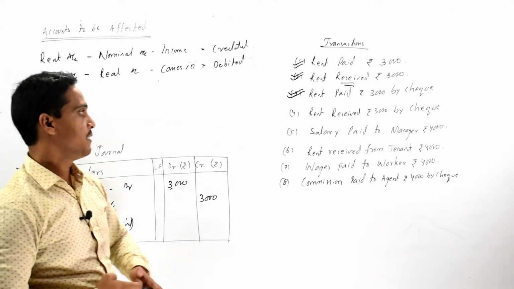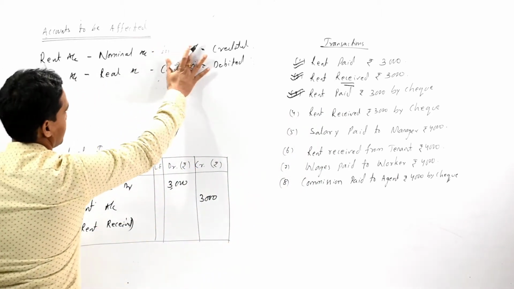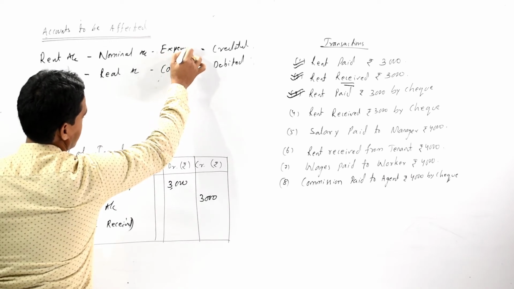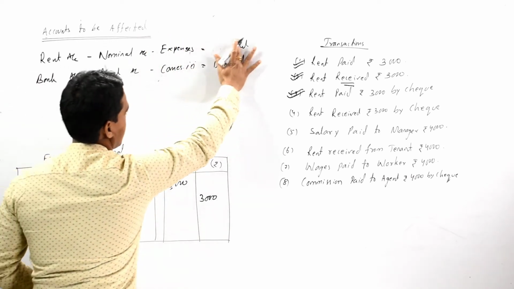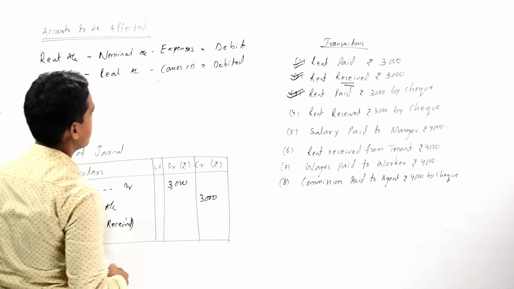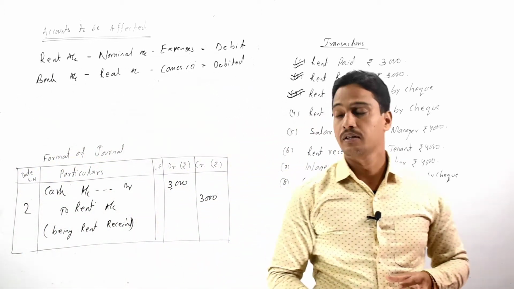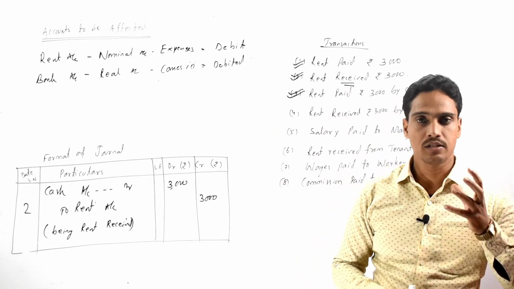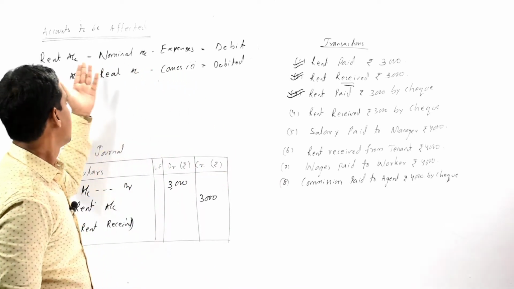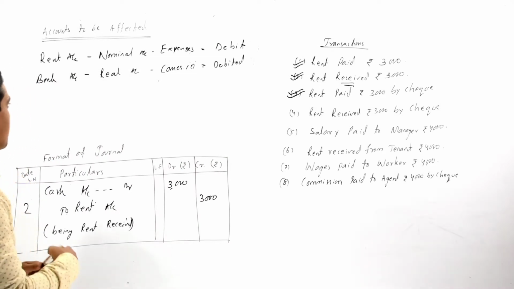As we are making the payments, our rent is here considered as expenses. As it is an expense, it should be debited, because the rule of the nominal account is debit all expenses and losses and credit all incomes and gains. So as the rent is an expense here, it should be debited.